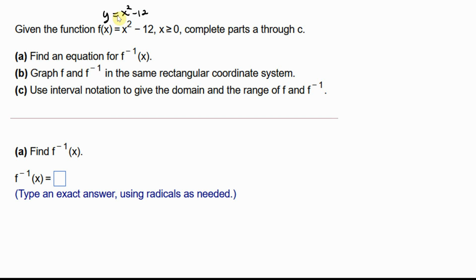Solve for x in terms of y. So we add 12 on both sides. We get y plus 12 is equal to x to the second. Take the square root of both sides. So here, for the square root, we have to have that plus or minus. The square root of y plus 12 is equal to x.